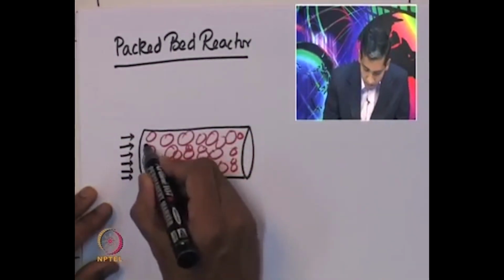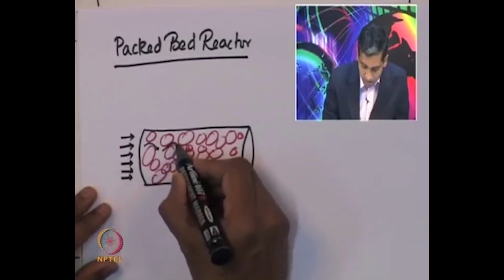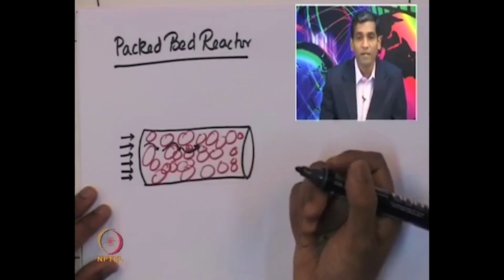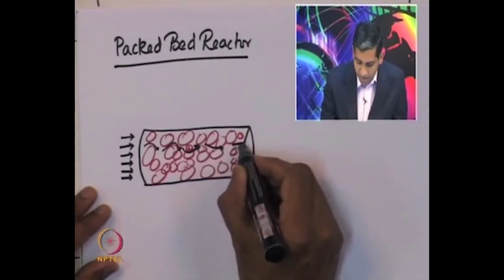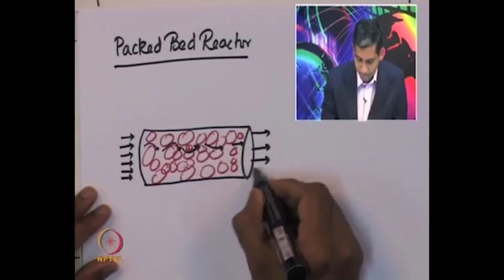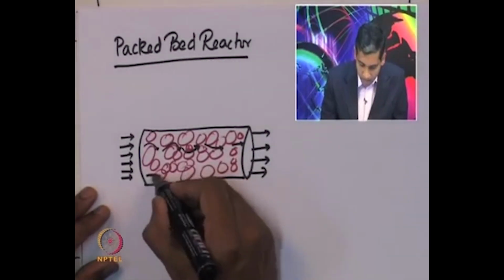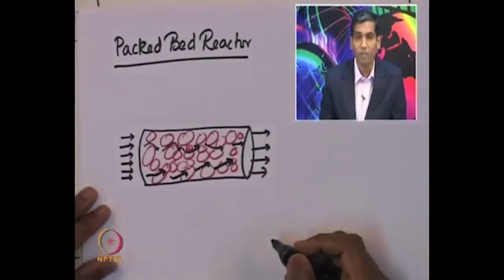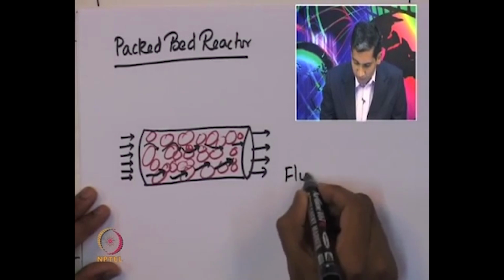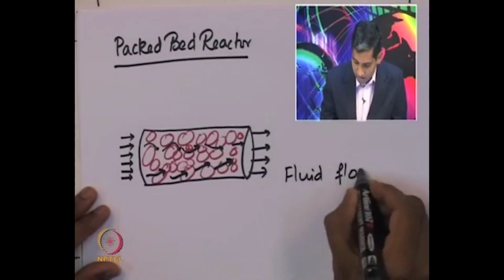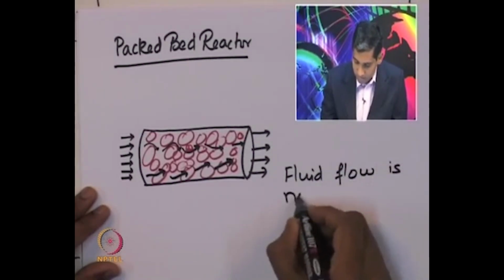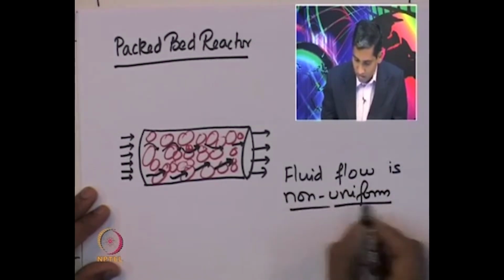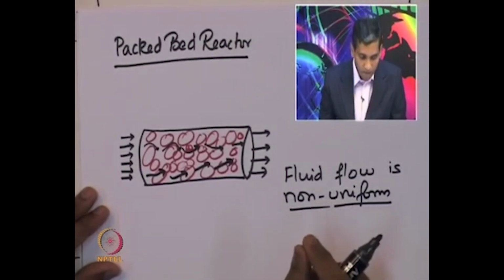So, one can observe that the fluid stream is now going to bend and move through the crevices of the reactor and then leave from the other side. Clearly, the fluid behavior is not going to be uniform. The fluid flow is going to be non-uniform.